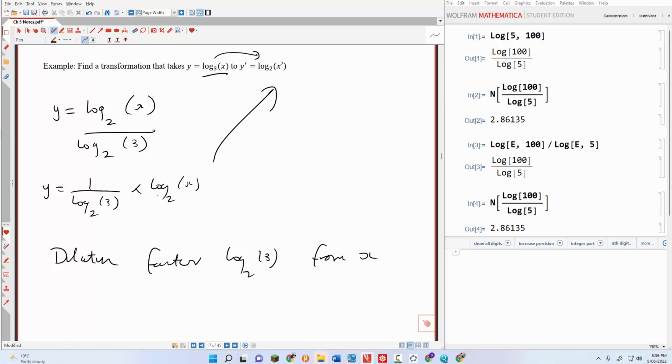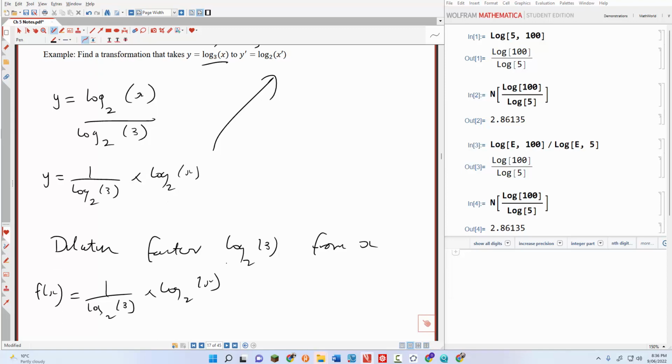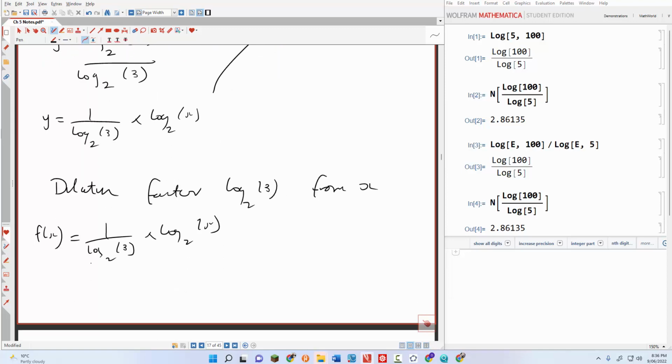And again, what you could do is just try that out with function notation. So we'll call this f of x equals 1 over log 2 3 times log 2 x, and let's do this dilation factor log 2 3 from x.